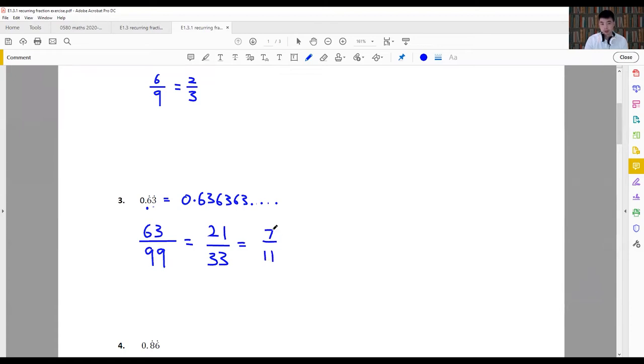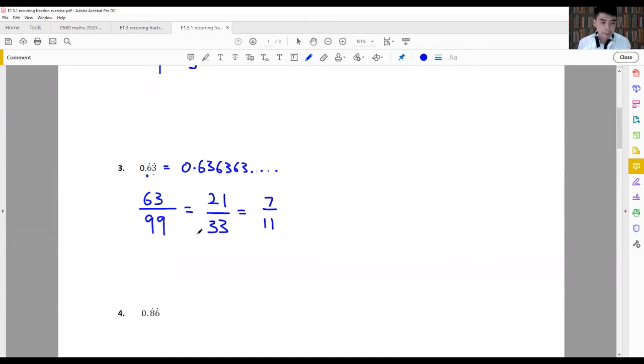If you type 7/11 into your calculator, you would get the recurring decimal 0.636363. Let me show it to you guys. 7/11, yep, here is 0.636363, right?